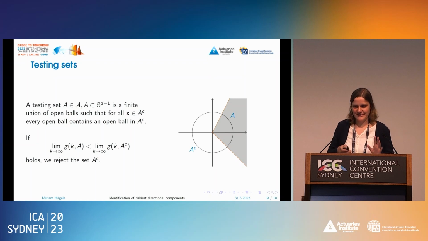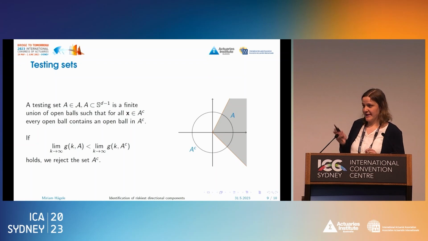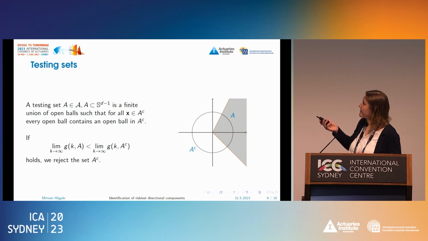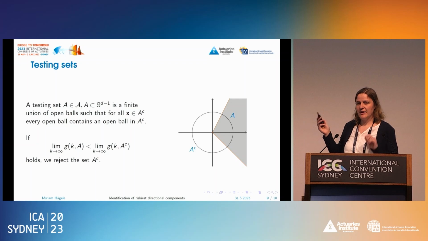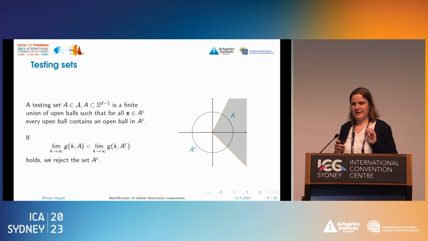But here we only take an open ball, and then we look at this testing set. It's the part where the circle intersects with this set A, that's this blue set. And we compare what is the function G for this A with what is the function G for this A complement, for the rest of the set.